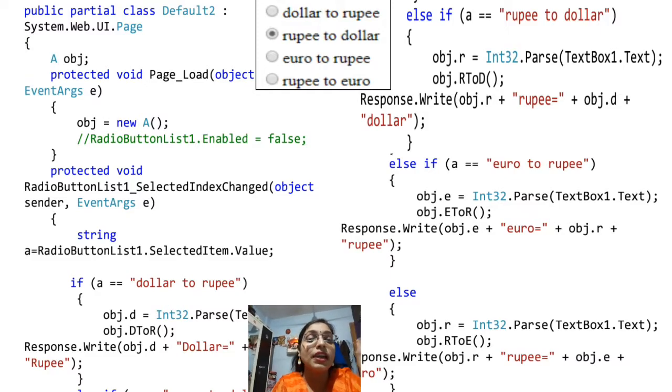That is, string a equal to RadioButtonList1.SelectedItem.Value, whatever the item. Like if I have checked dollar to rupee, that is my selected item, and its value is nothing but the text, dollar to rupee, which will be stored inside the variable a.